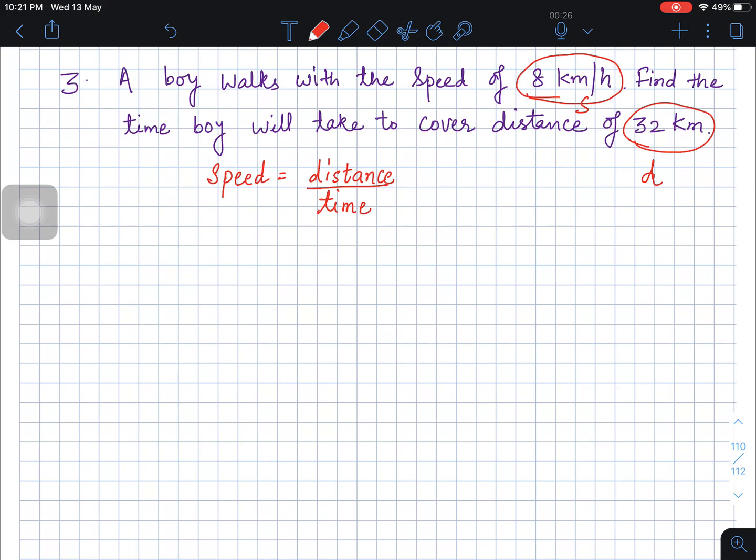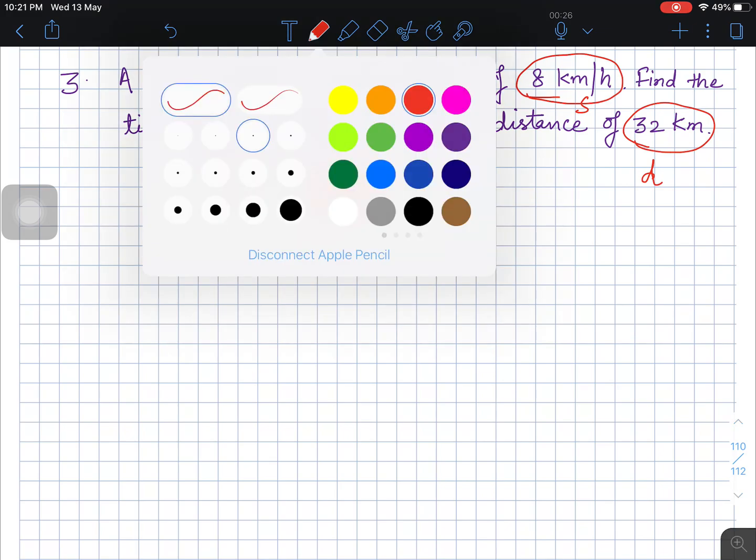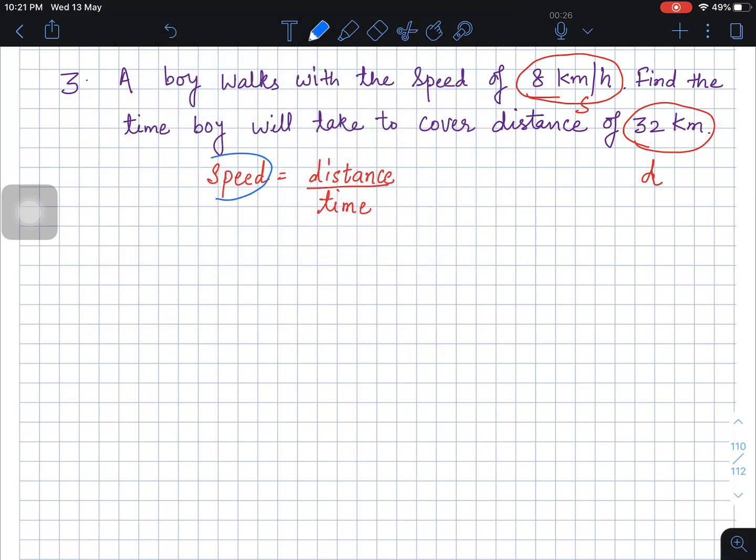But the problem is I don't have to find speed, I have to find time. So I have to exchange them and I'll get a new formula.